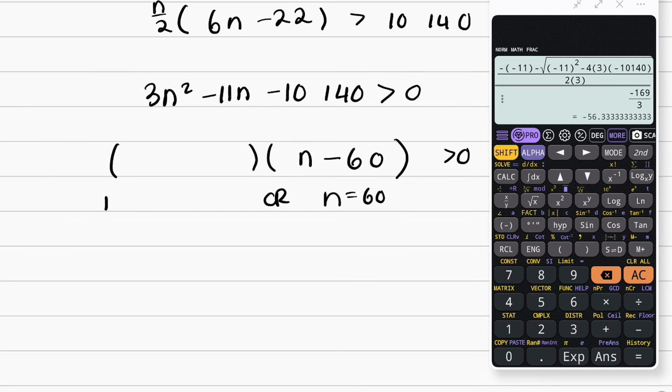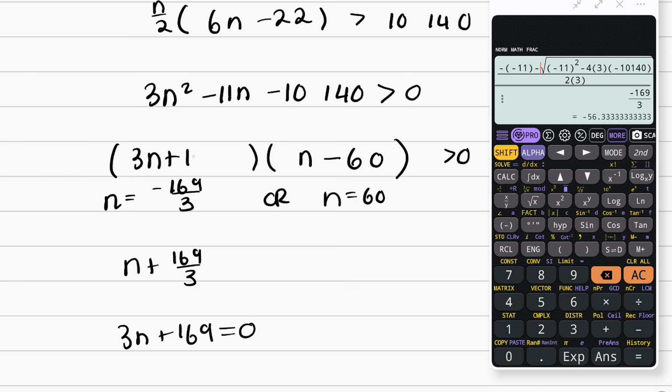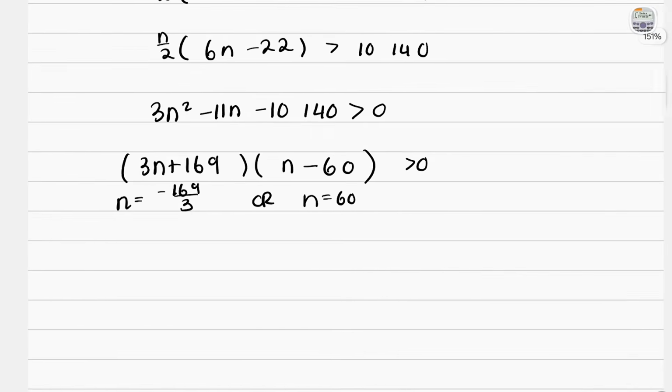So if this answer is n equals negative 169 over 3, then it means that your factor was simply n plus 169 over 3. And then it means that this 3 was in front of the n. So it was 3n plus 169. And that's how you set it equal to 0. You transposed it and divided both sides by 3 to get back to that. So it's 3n plus 169. So these are our factors, and we already have our critical values now.